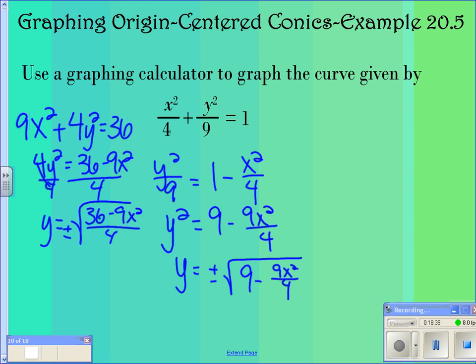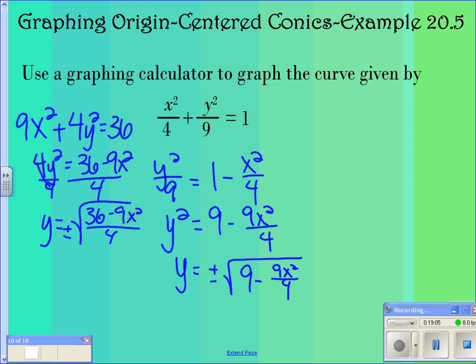You could make it square root of 36 minus 9x squared over 2. Okay, so I really don't care which one you do. It doesn't really matter. It's okay if it's not completely simplified because we're putting it into the calculator to graph it. Does that make sense? If you want to simplify it further, you can, but then you're more likely to make an error on plugging it into the calculator.